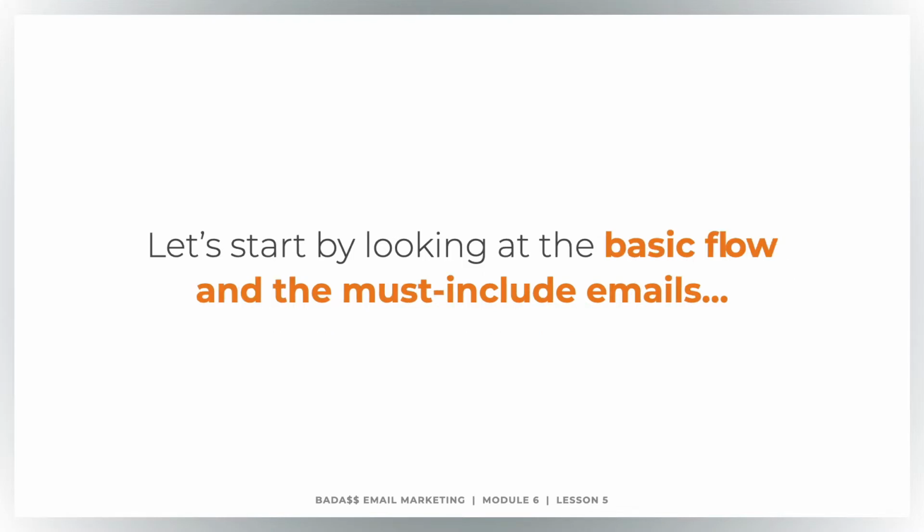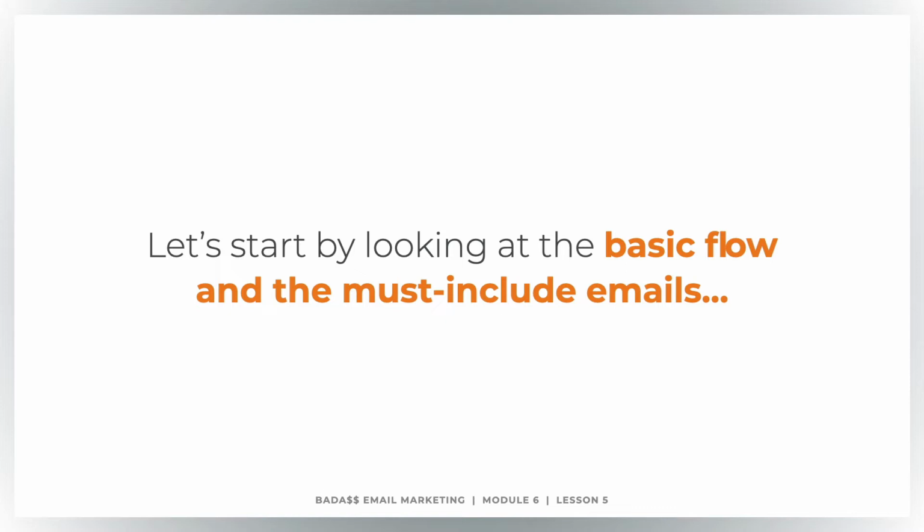So let's start by looking at the basic flow and the must-include emails. What we're going to talk about now, very quickly, is the different emails that you are going to want to include in every single sales sequence you send.